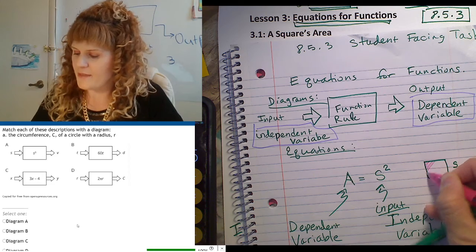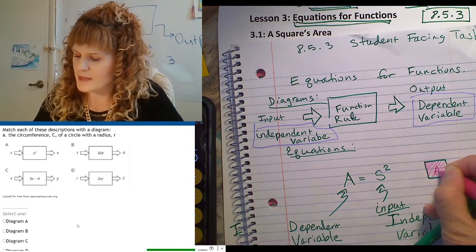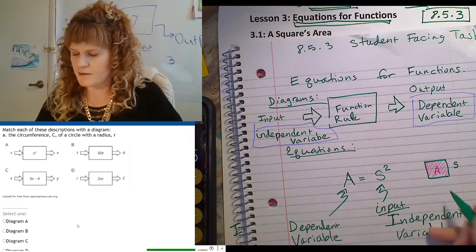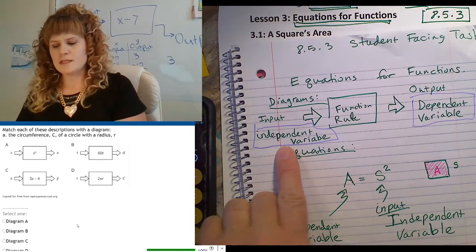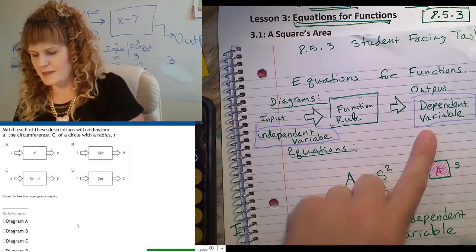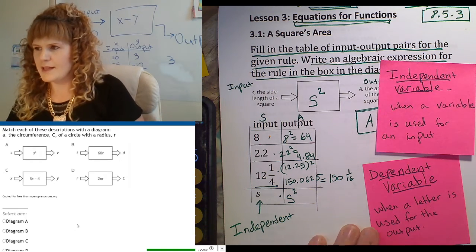Let me say that again. The area of the square, that depends on the side length. So we're calling that the dependent variable. Independent variable goes in, dependent variable goes out. Okay, let's keep going.